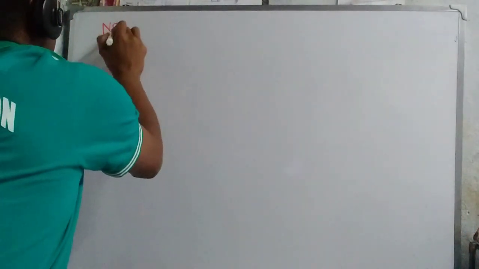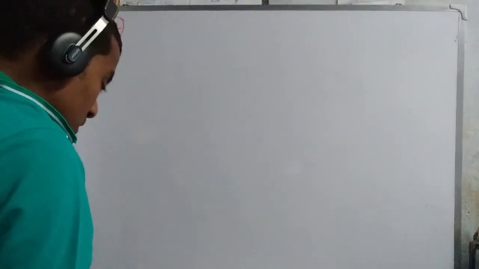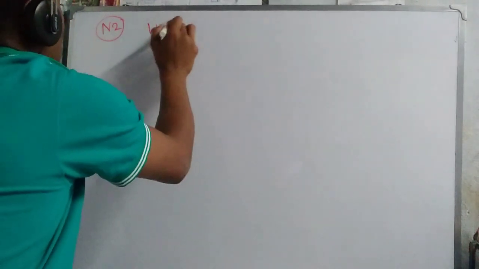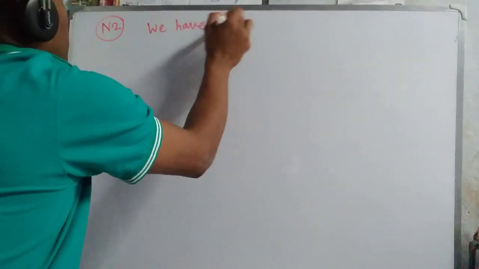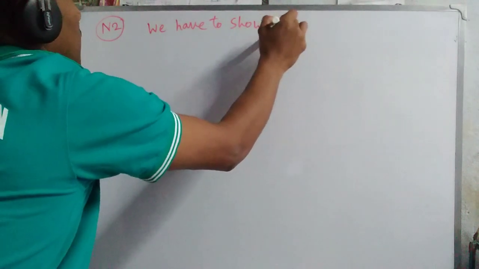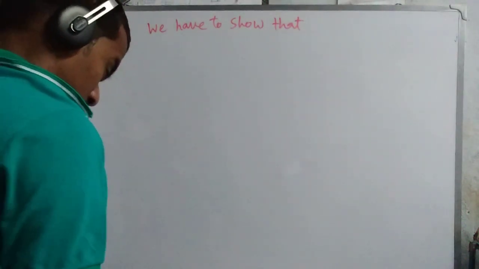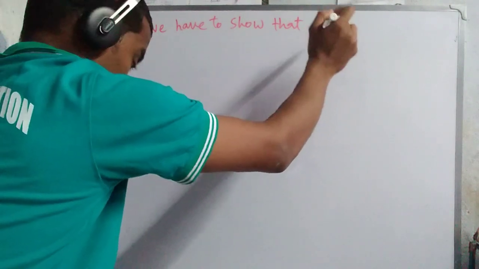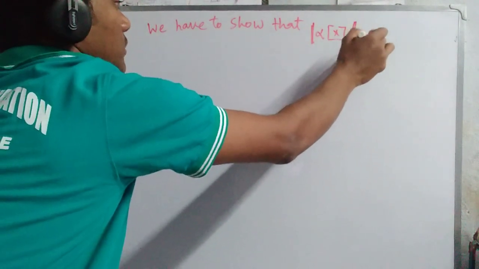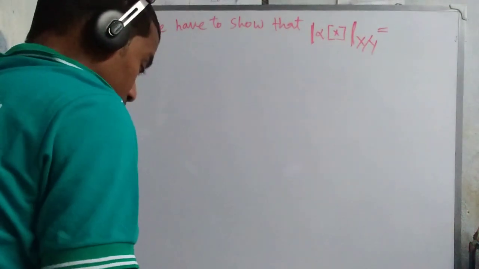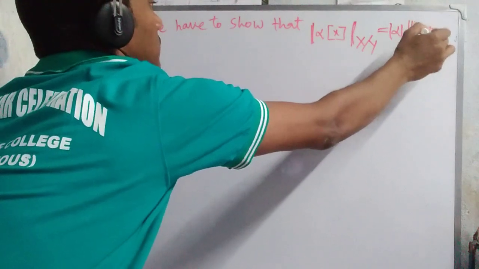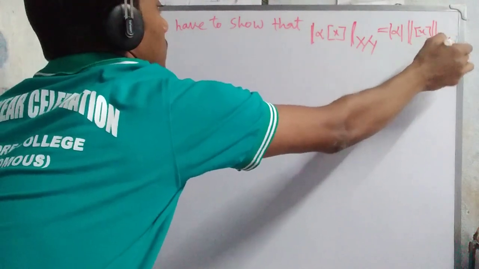Here we write N2. Okay, then what we have to prove now? Then we have to show that norm of alpha x, x quotient y equal to mod of alpha, here norm of x quotient y.